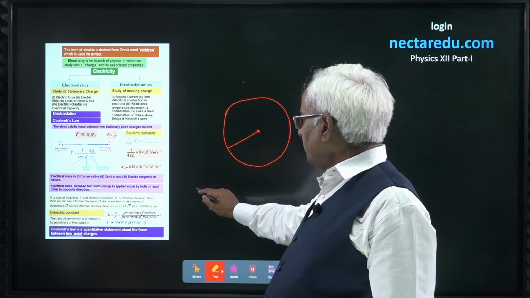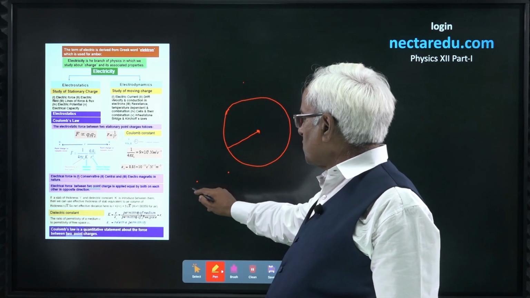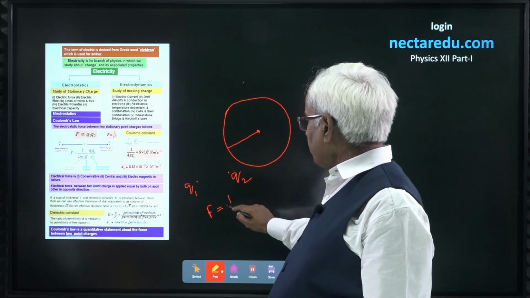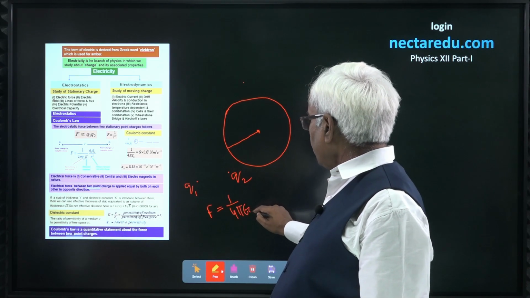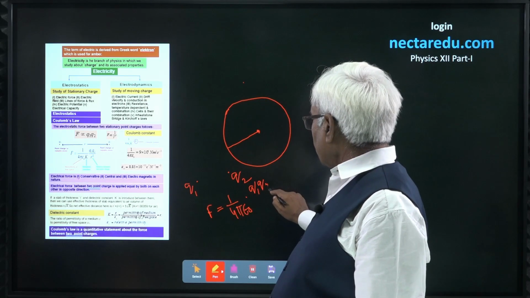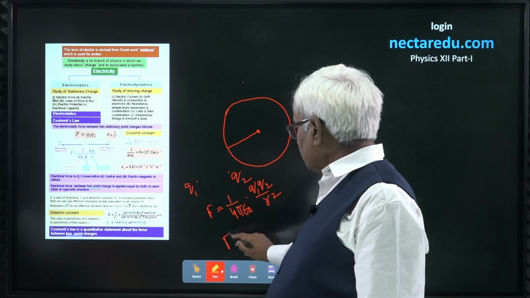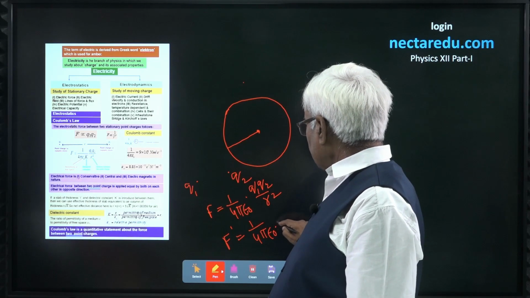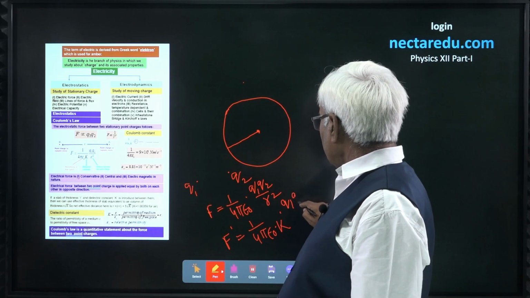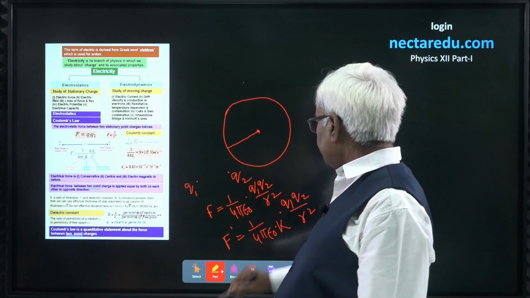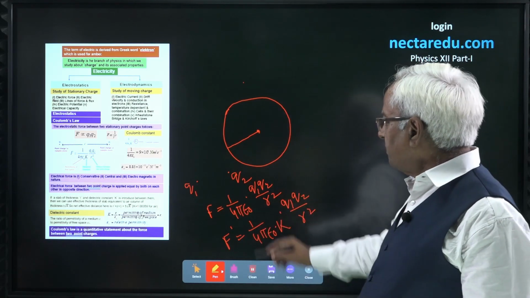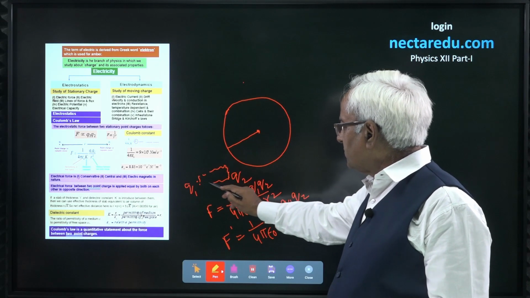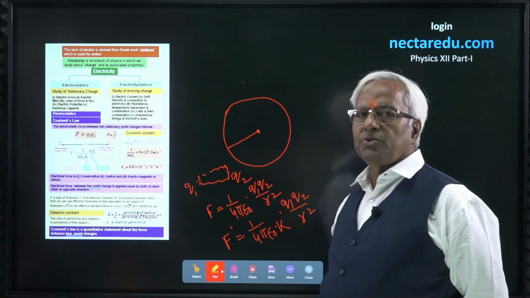If you use free space between the two charges, then the formula would be 1 by 4 pi epsilon naught q₁ q₂ upon r square, and if there is a medium, then it is going to be 1 by 4 pi epsilon naught k q₁ q₂ upon r square. What does it mean? When some medium is introduced, remember I am talking about the full insertion of the slab between the two charges.